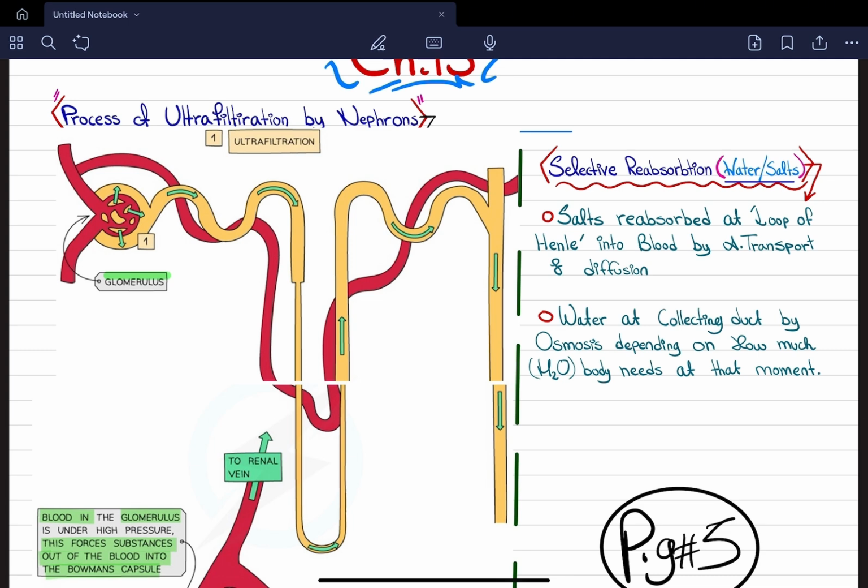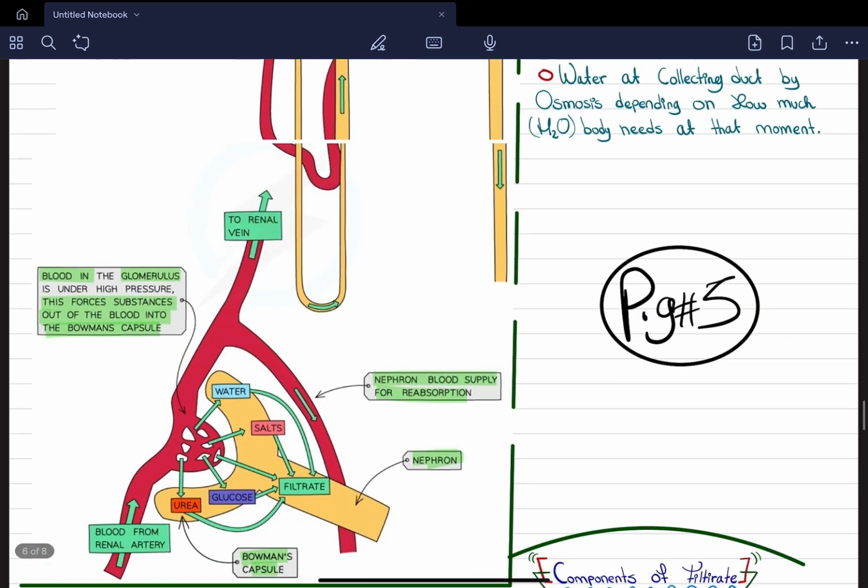If you don't know what these are, referring back to topic 2, a brief reminder: diffusion is the movement of particles from a high to low concentration, moving down the concentration gradient without using energy, instead using Brownian motion of particles through a partially permeable membrane. Active transport is the movement of particles from a low to high concentration, moving against the concentration gradient, using energy from respiration and protein carriers to transfer molecules.